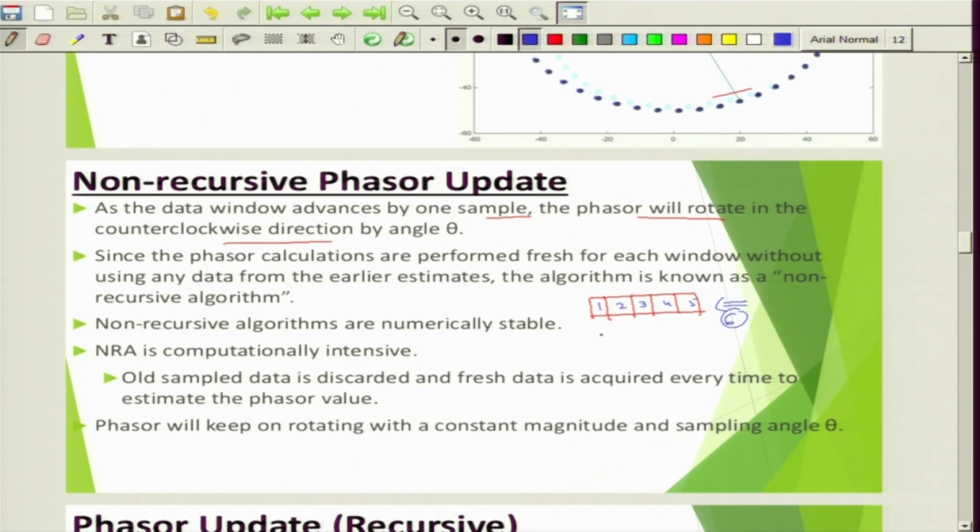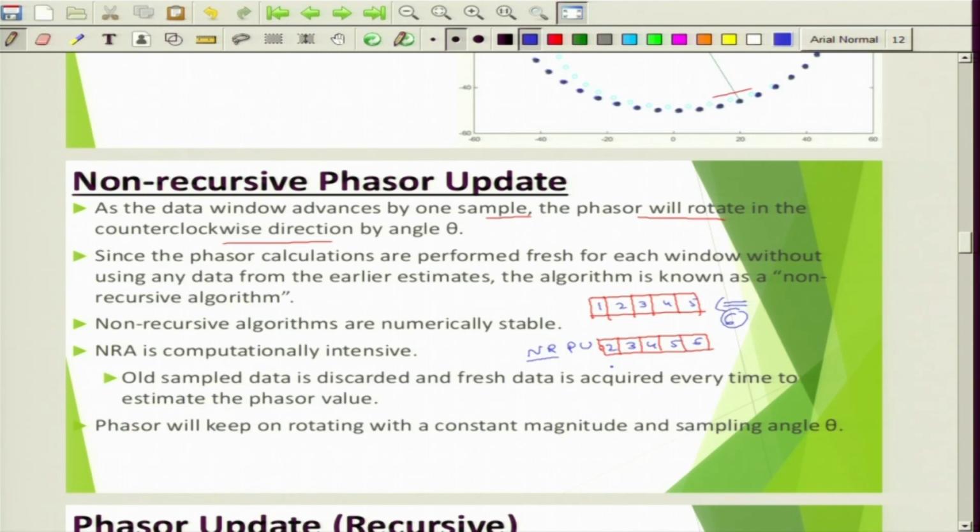The new window consists of the data 2, 3, 4, 5 and 6. This is the non-recursive phasor update. The first sample, of magnitude 1, is moved out and we get the new data entered.